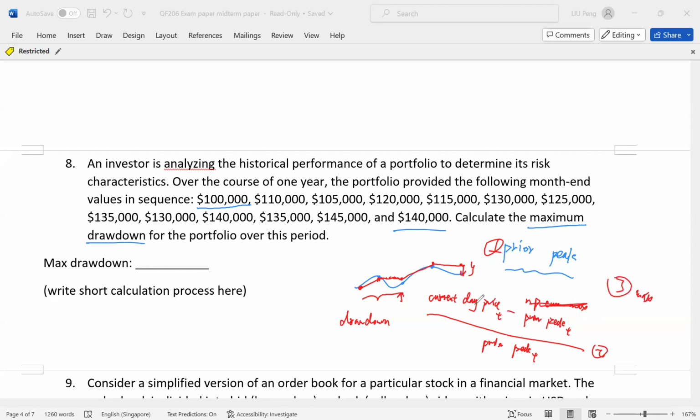In this case, it's going to be a negative number, so you take the minimum, which converts to maximum. So you call the number maximum drawdown, but it itself is actually a negative number, though we report it as a positive number. The specific calculation details are left for you to explore. So that's how we calculate it.